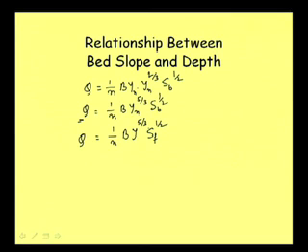So if Q is the same and other channel characteristics, B, are the same, then if y is more than y_n, S_f must be less than S_b, then only these things will be satisfied.